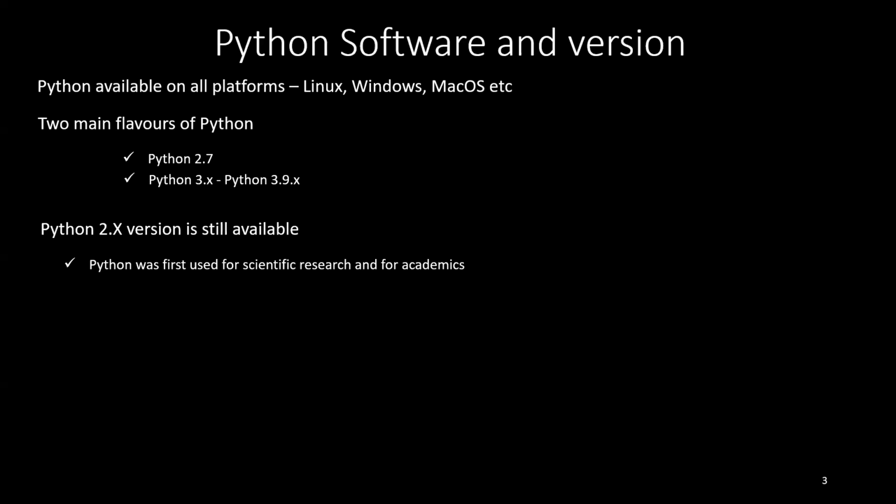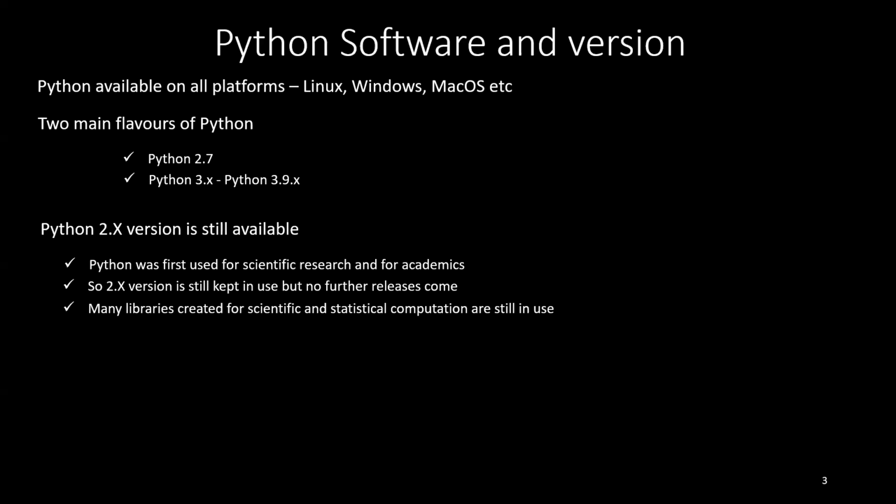So it is created by researchers for doing research work, and hence a lot of libraries, a lot of different third-party tools were created in 2.x, and it is very difficult to reinvent that or migrate that into Python 3, and that is the reason we are still keeping up with 2.x. As I said, many libraries, scientific research, computers are still in use. That's the primary reason we're still keeping 2.x.